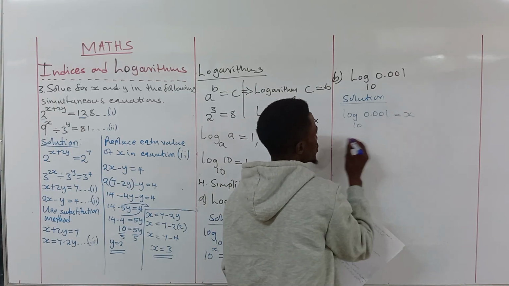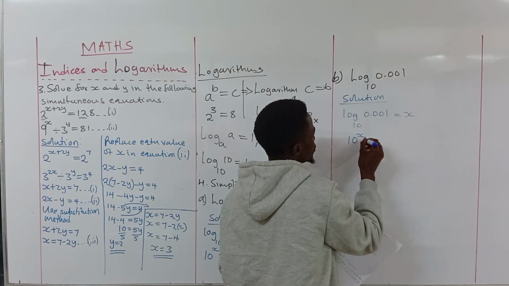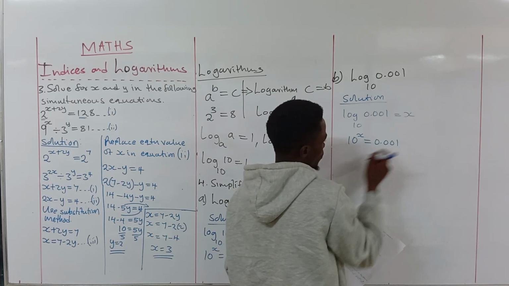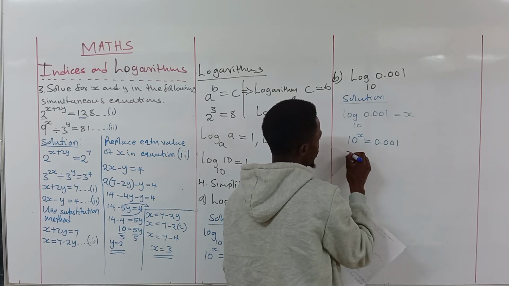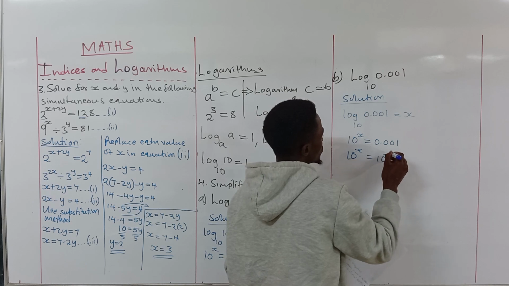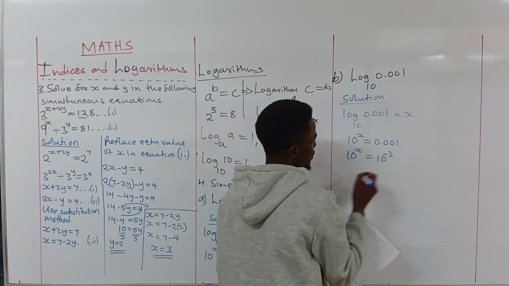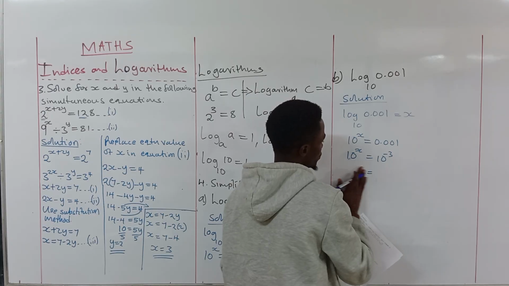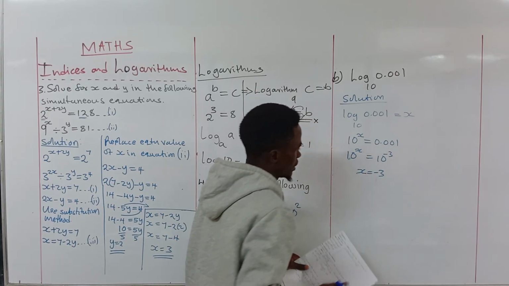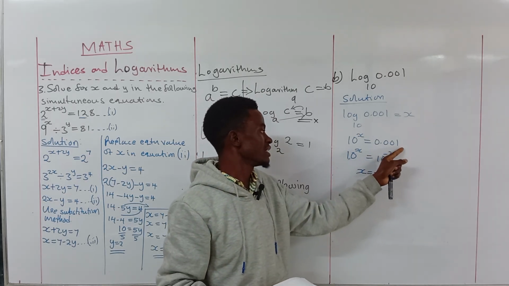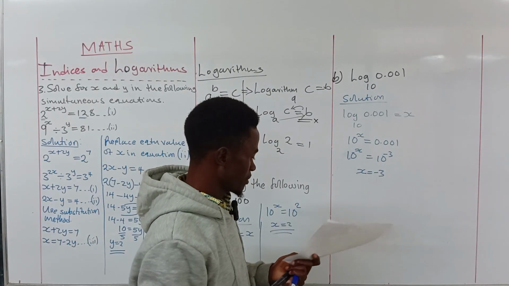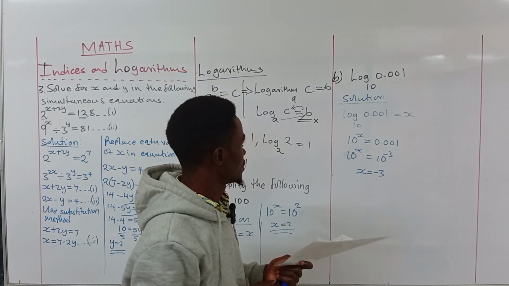So it means that 10 raised to x is going to give us 0.001. And 0.001 in index form is 10 raised to negative 3. So you equate them, x is equal to negative 3. So 0.001 is the same as 10 raised to power negative 3.